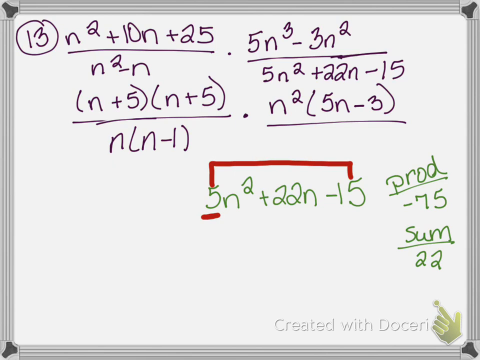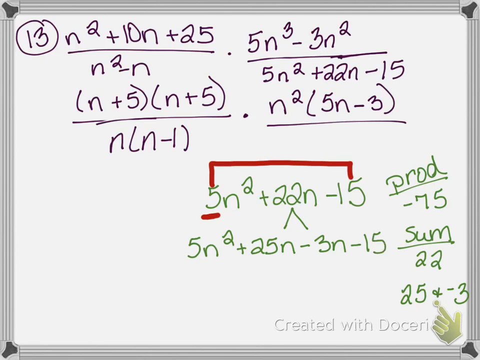And those two numbers are positive 25 and negative 3. And so what we do now, and this is bringing back all memories from last chapter, is we split that middle term. So I have 5n squared plus 25n minus 3n minus 15.